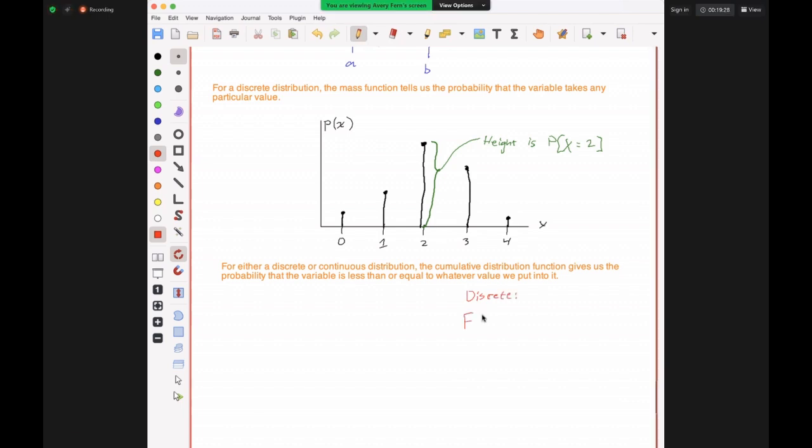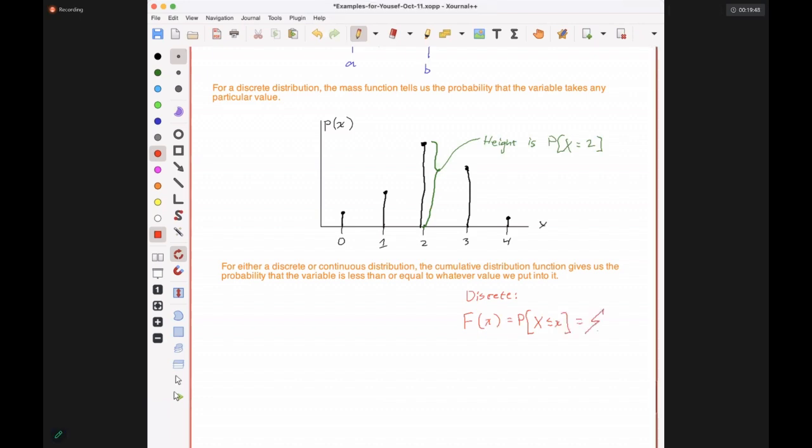We denote this as large F for either discrete or continuous, but for discrete, large F of x is equal to the probability that x is less than or equal to our input, little x.